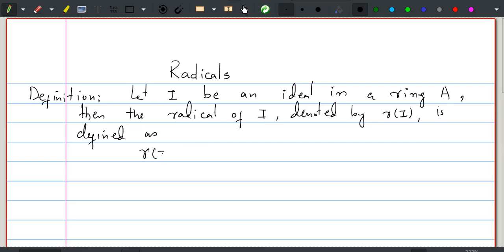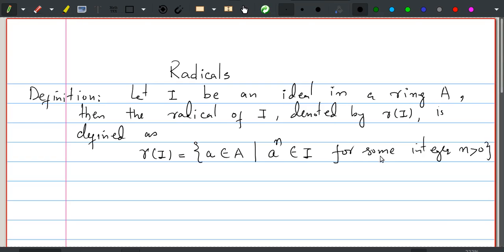this R of I consists of all those elements in ring A such that there is some positive integer n such that the nth power of a is an element of I, for some integer n greater than 0.